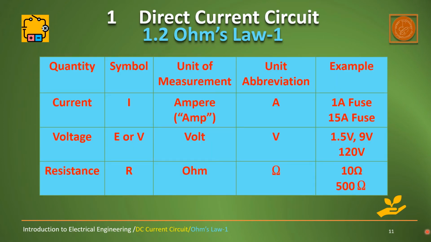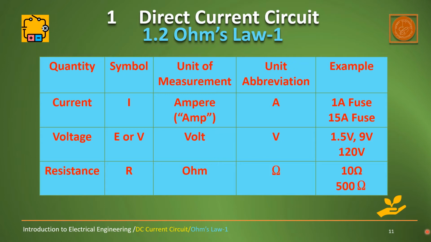The symbol given for each quantity is the standard alphabetical letter used to represent that quantity in an algebraic equation. Standardized letters like this are common in the discipline of physics and engineering and are internationally recognized.